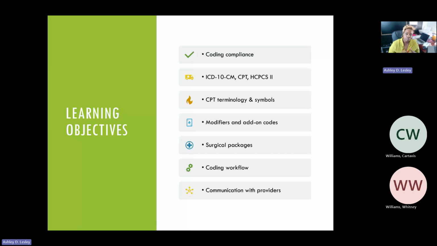Now, Cortavius and Whitney, if you're in this MOA 154 and you think, oh my God, I just love billing, I love coding, I think you get done with your 6 months with me and give me 50% of your first paycheck after your program. You are more than welcome to sign up for our online medical billing and coding class. We offer that as a separate certification as well.